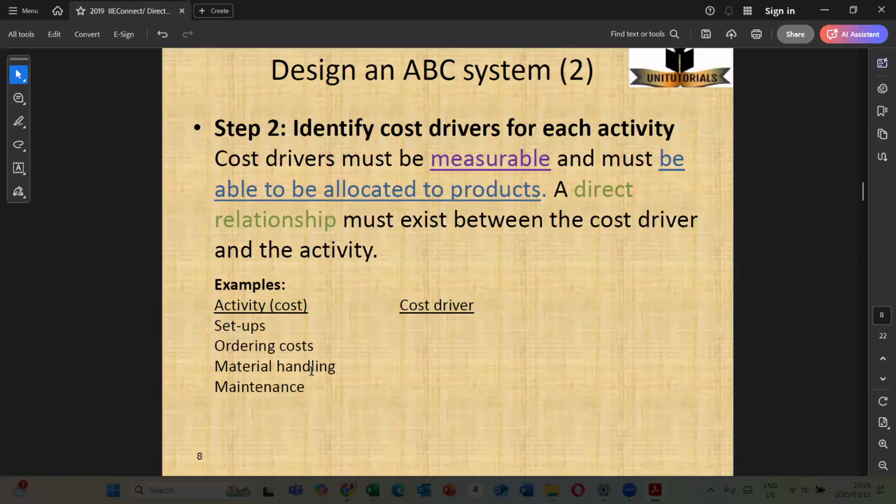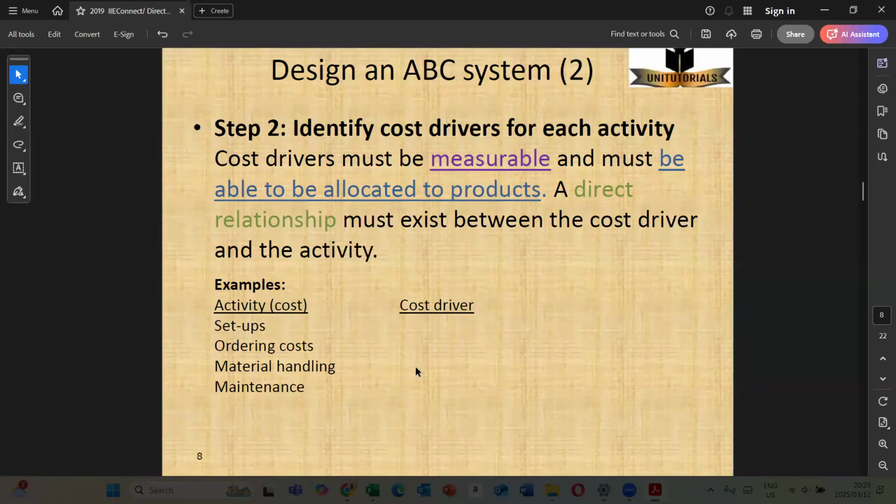Okay. But remember, we have a cost for material handling. We want to allocate this cost to different products. What can we use as our base to allocate this? If we say insurance cost, the problem is that this is now another cost. So we can't use a cost to allocate another cost. Quantity, probably. In terms of quantity, you're looking at the quantity of material consumed. That's fine.